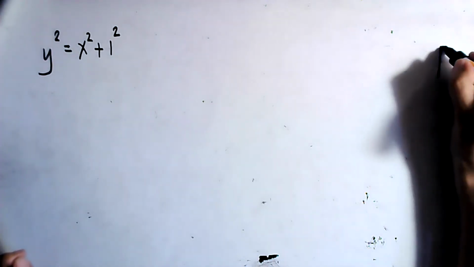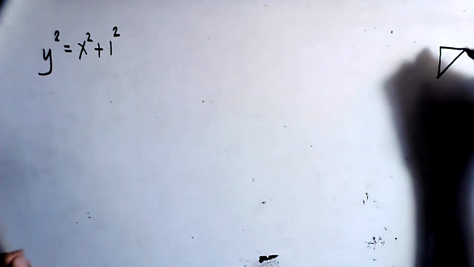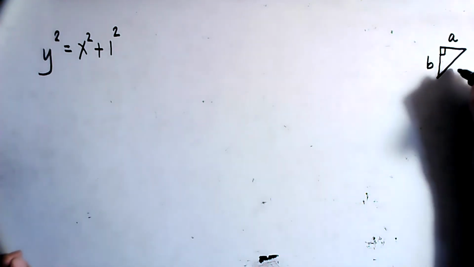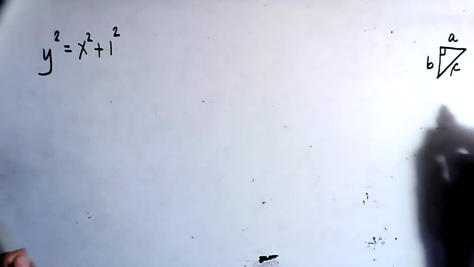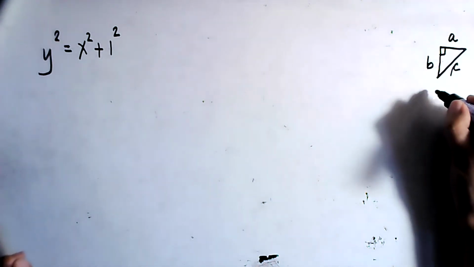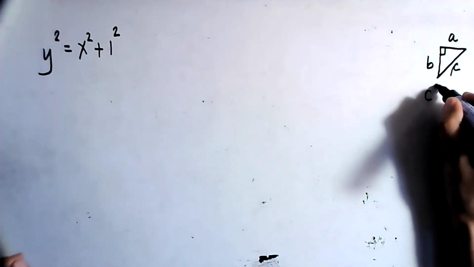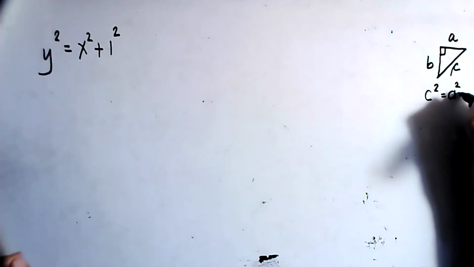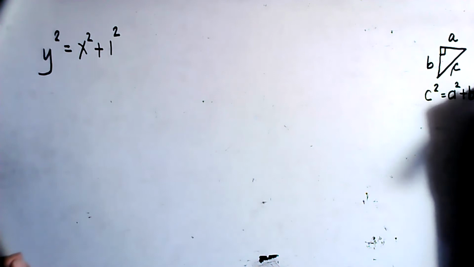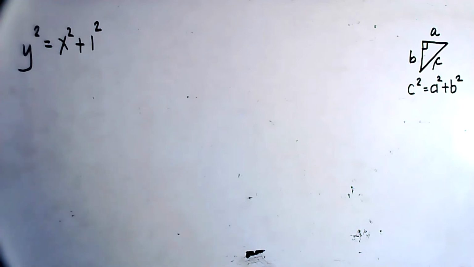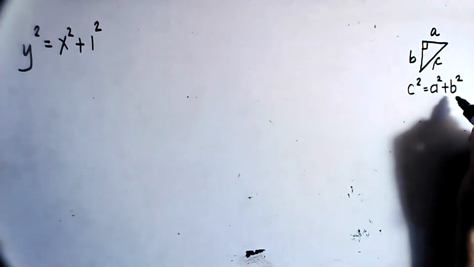If you have a right triangle, remember, say this is A and this is B, and then this is C. If you want to determine any of the sides given two sides, you can make use of the Pythagorean theorem by simply stating that C squared is equal to A squared plus B squared.